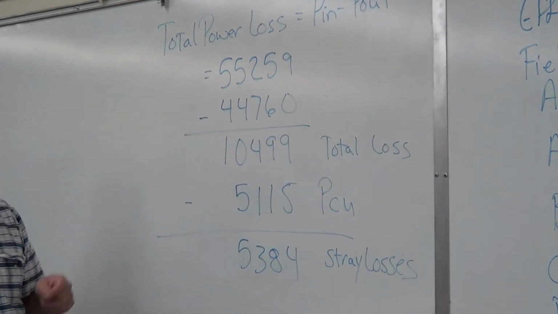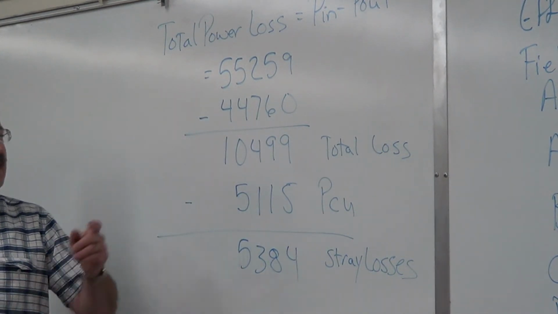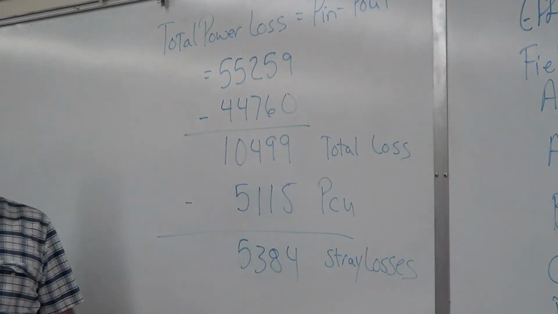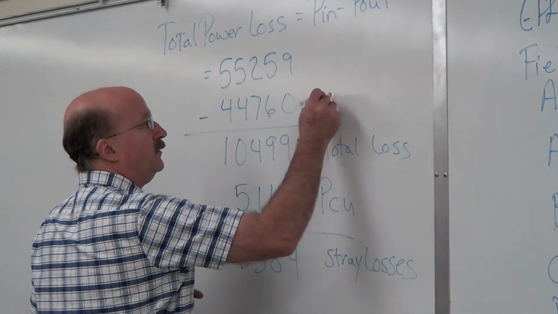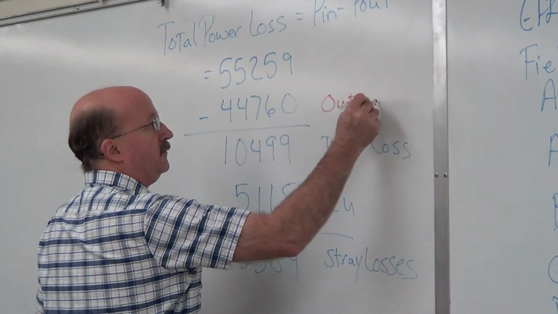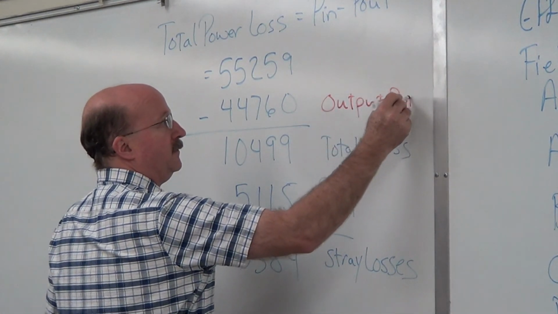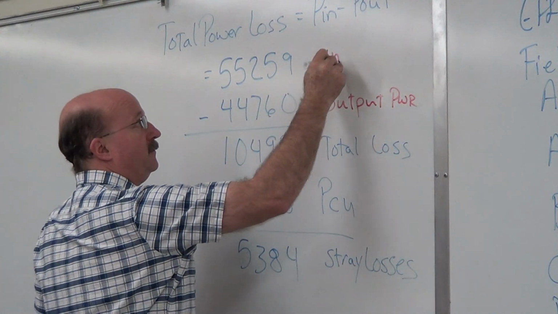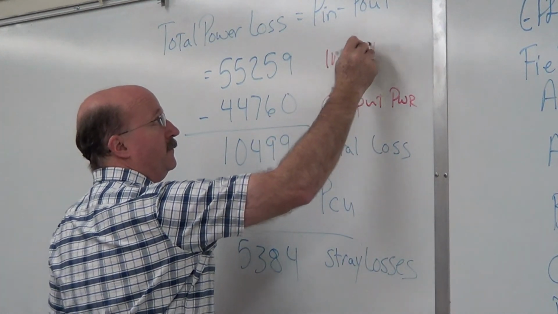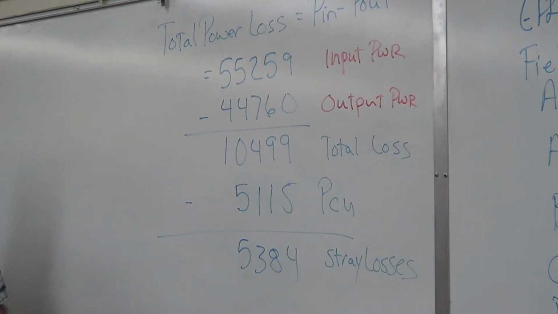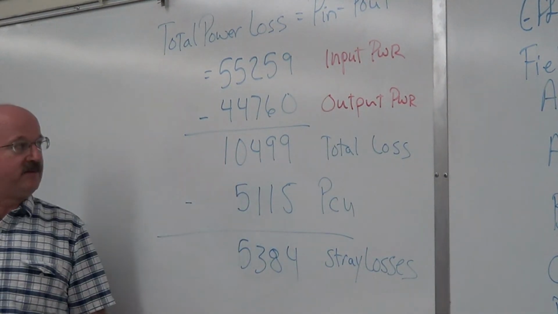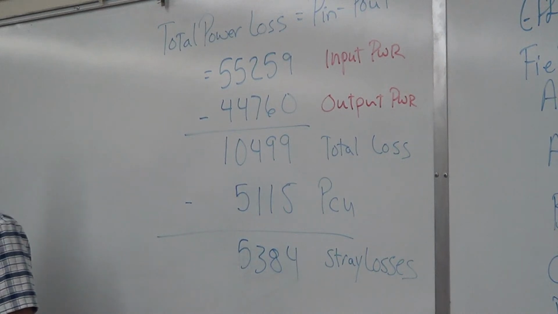So P in, 55,259, minus our output power, gives you your total losses of 10,499.